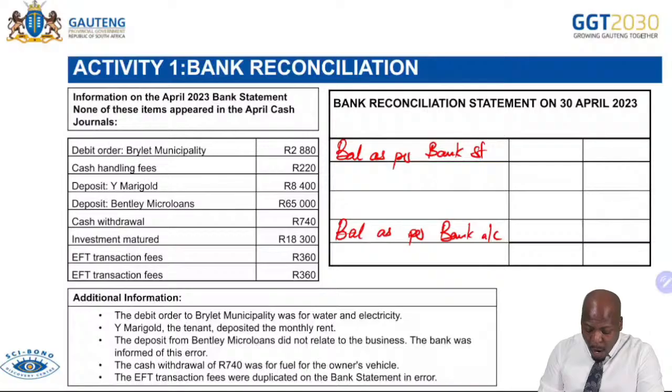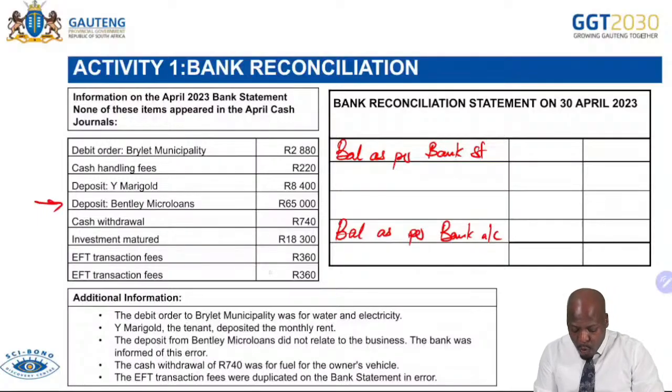Okay, what I want to record here, the first one, is this deposit. We are told that this deposit of 65,000 is from Bentley Microloans. It did not relate to the business. So that simply means if they deposited money, they have credited our account.